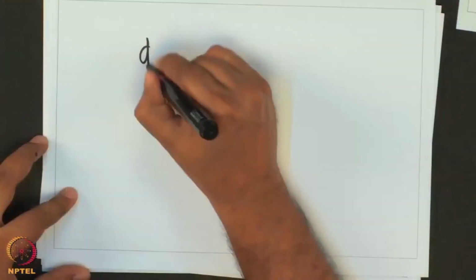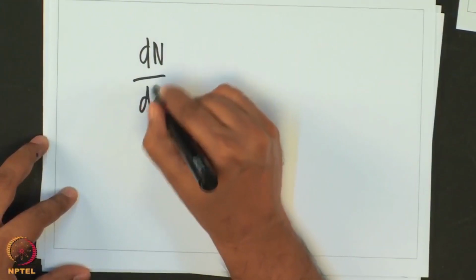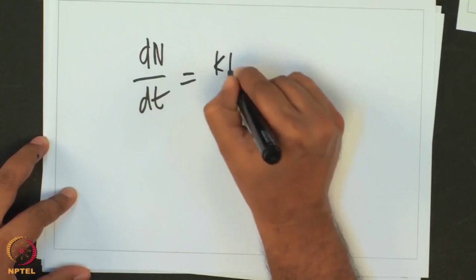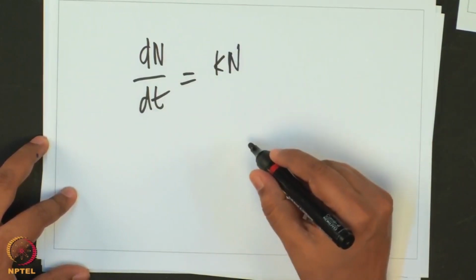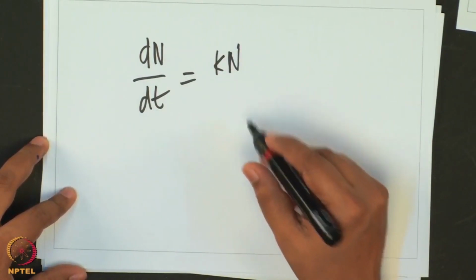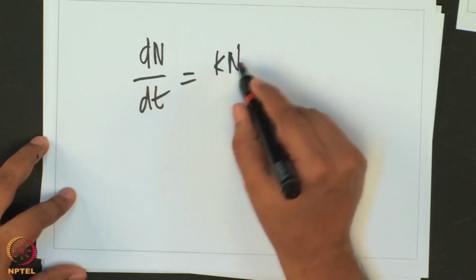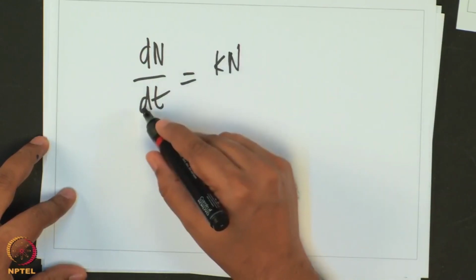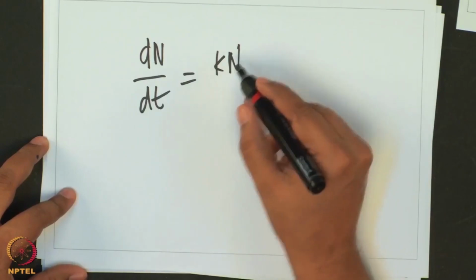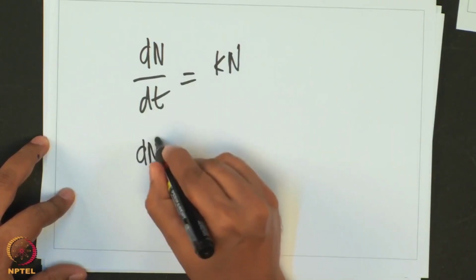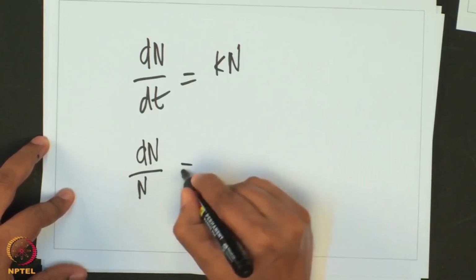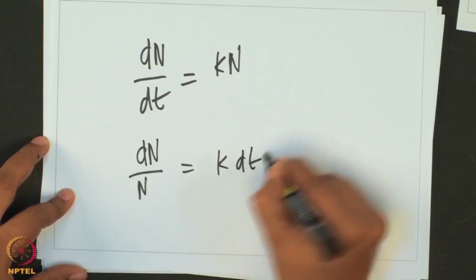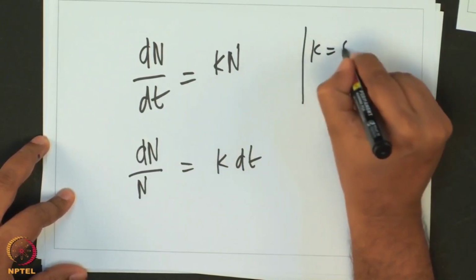So let us take this. What we have is dn by dt is kn. I can take n to one side, and if I do that, I would have dn by n is k dt, where k is a constant.